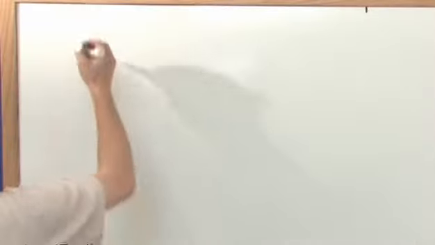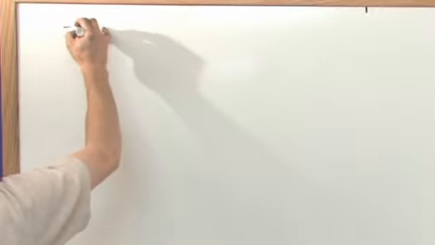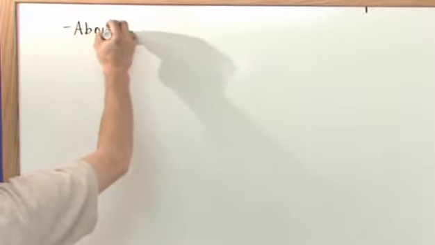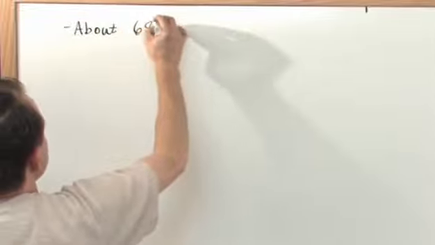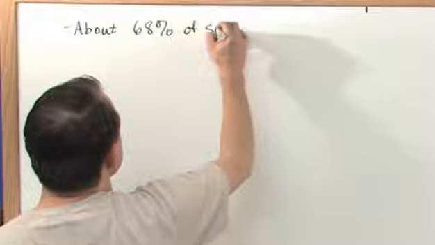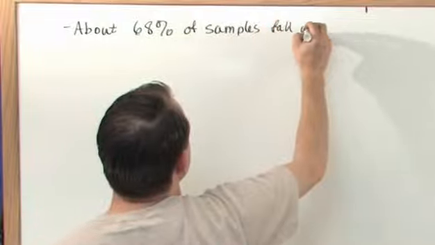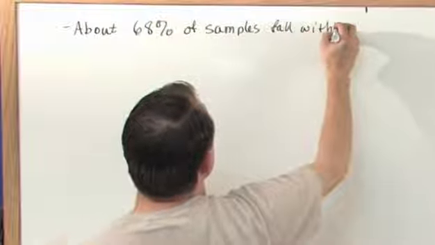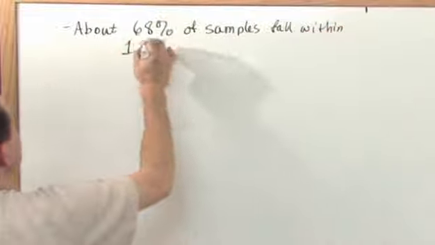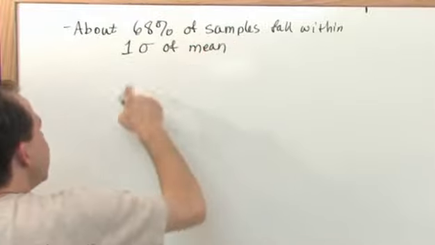Okay, a couple of points I want to mention to you about the standard deviation. I already mentioned this one time: 68% of samples fall within 1 sigma of the mean, which means 1 standard deviation of the mean.